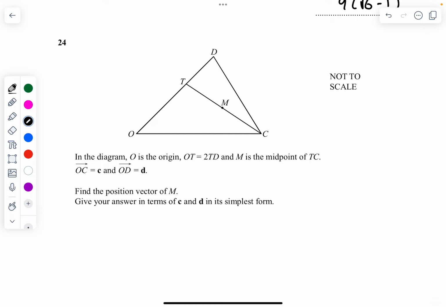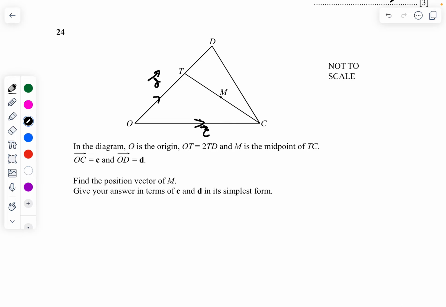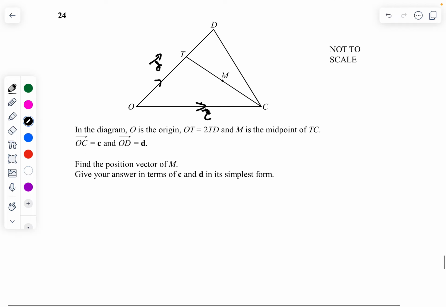In the diagram, O is the origin, OT equals 2 TD, M is the midpoint of TC, OC equals vector C, and OD equals vector D. Find the position vector of M. So, first of all, I am going to find CT.